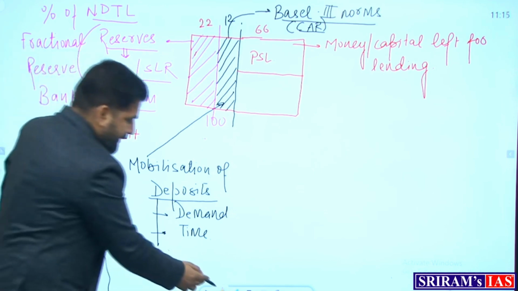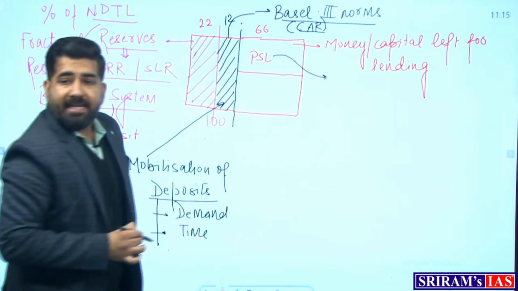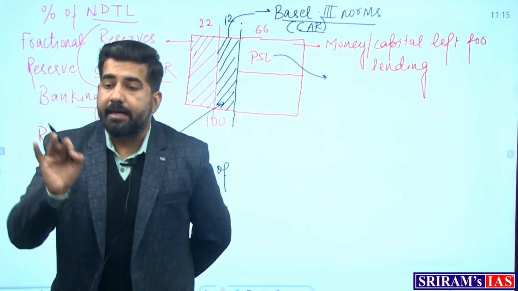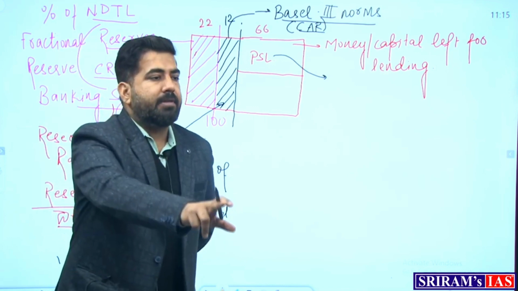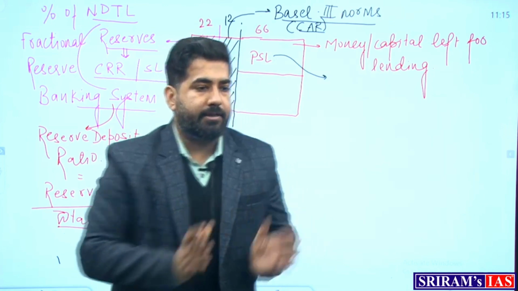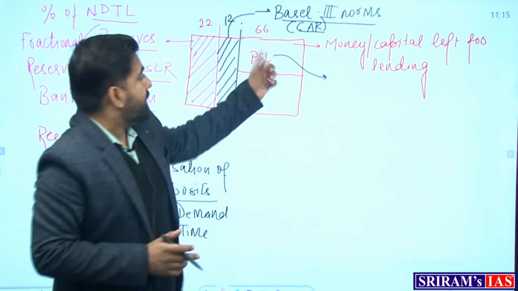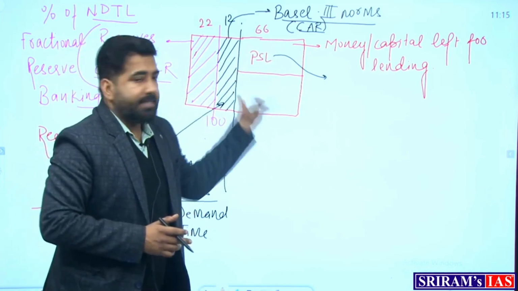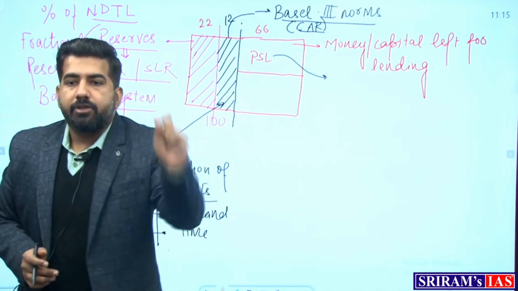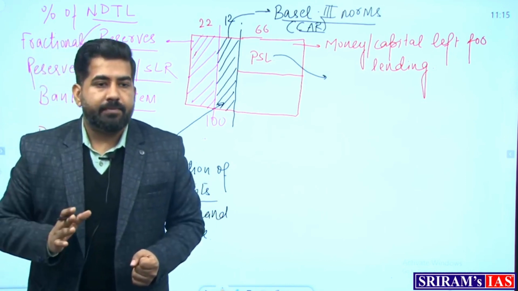I am giving you a broad idea. The PSL requirement says that if you are lending 100 rupees, a minimum of 40% is mandated to be lent to priority sectors. Are you getting my point? If 100 rupees is lent by the bank, 40% of this has to be lent to the priority sectors. Now who defines the priority sectors? It's RBI.